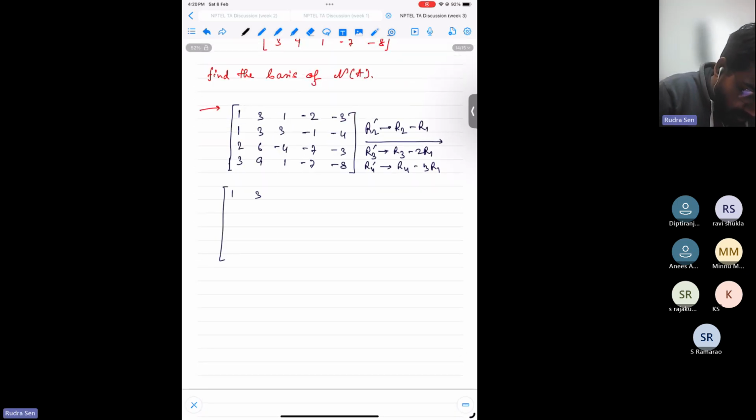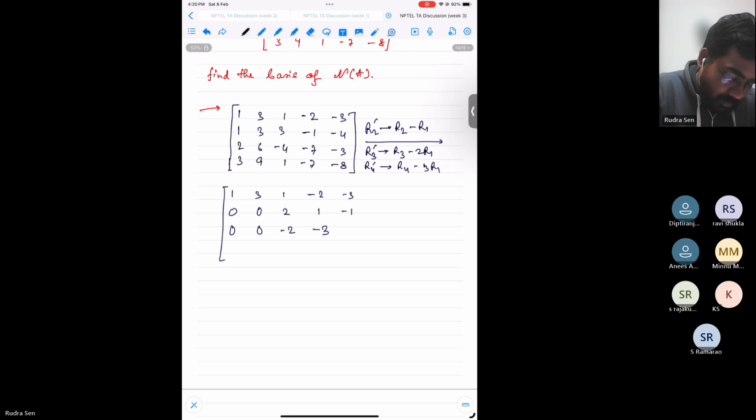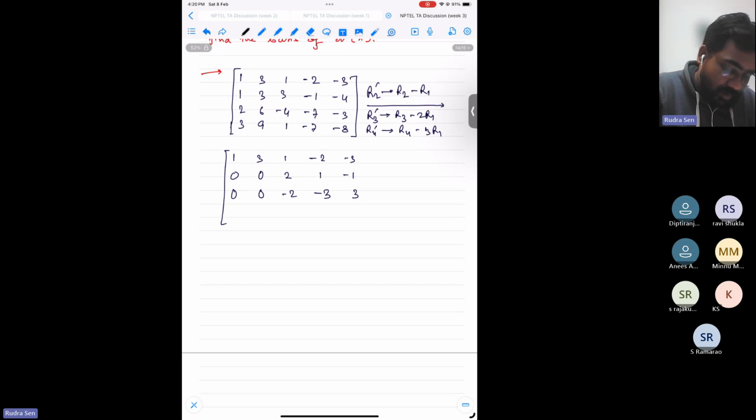So what we get is 1 3 1 minus 2 minus 3, 0 0 2 1 minus 1, 0 0 2 is minus 2 and it's 4, minus 3 and it's 6 3. Just check the calculation whether I am doing something right or not. Just cross check it.